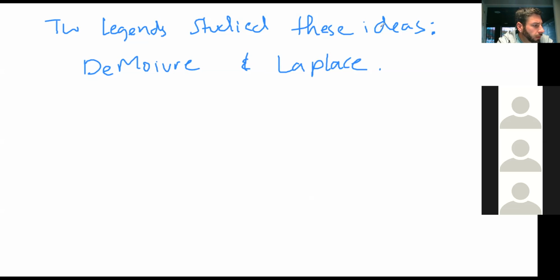And one of the big ideas that came from this is what's called the central limit theorem. By the way, you should Google de Moivre and Laplace. They did lots of good stuff.